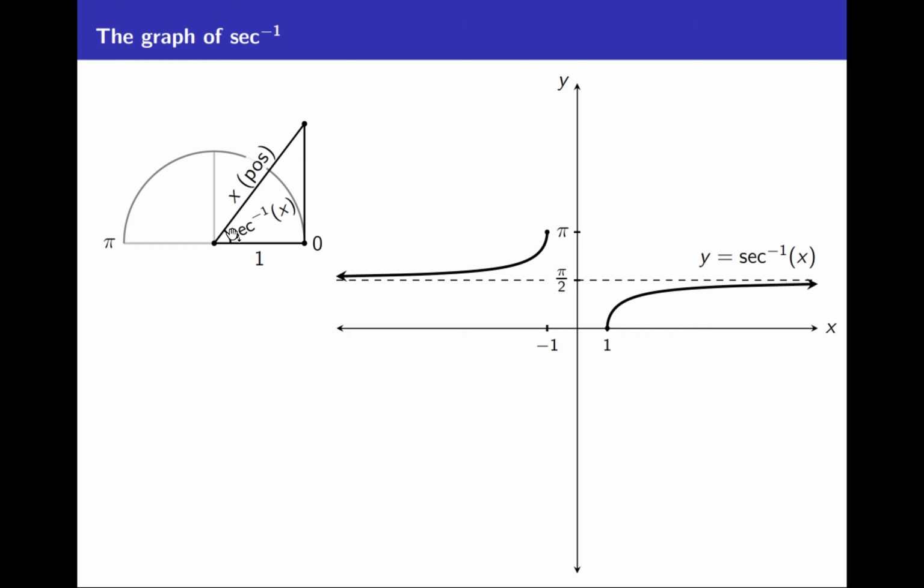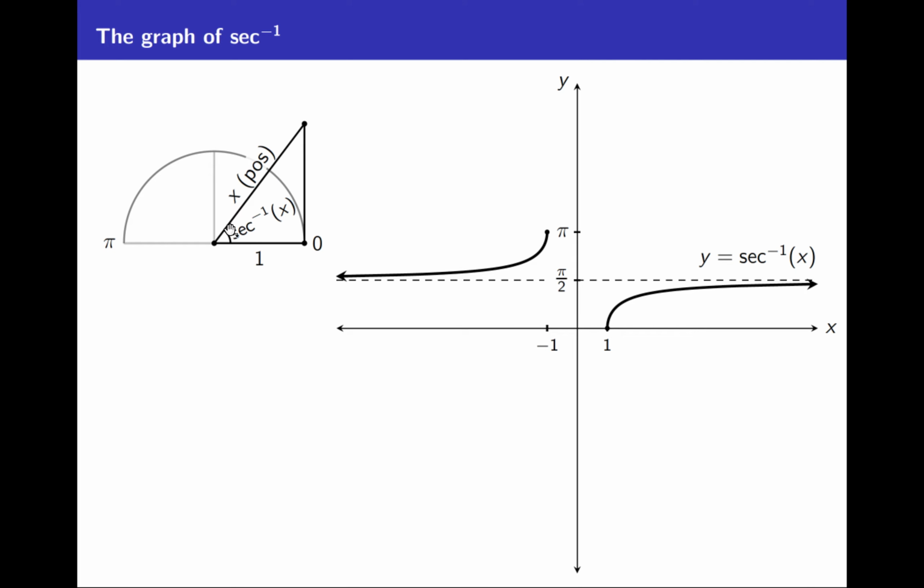So you can't have a triangle like this with adjacent side 1 and hypotenuse labeled x without x being bigger than 1, or perhaps equal to 1 if the angle is 0. So that's why in this graph, you start out with the x values in the domain being equal to 1 or bigger than 1.